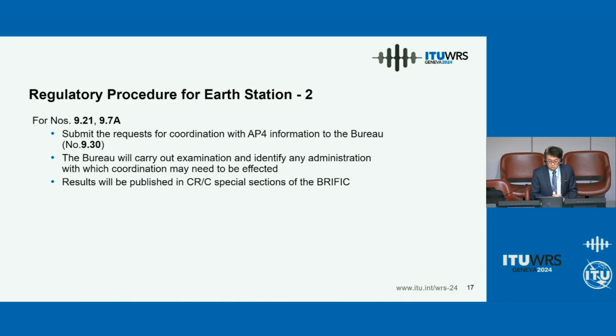Now, for procedures under 9.21 and 9.7A, these are different. For this coordination procedure, you have to submit the coordination request to the Bureau before you notify. Okay, for this coordination request, Bureau will carry out the examination, identify the affected administrations. Results will be published in the CRC special section.